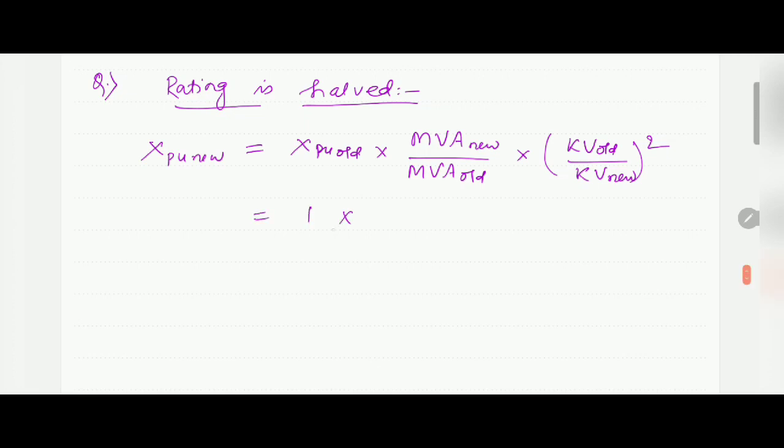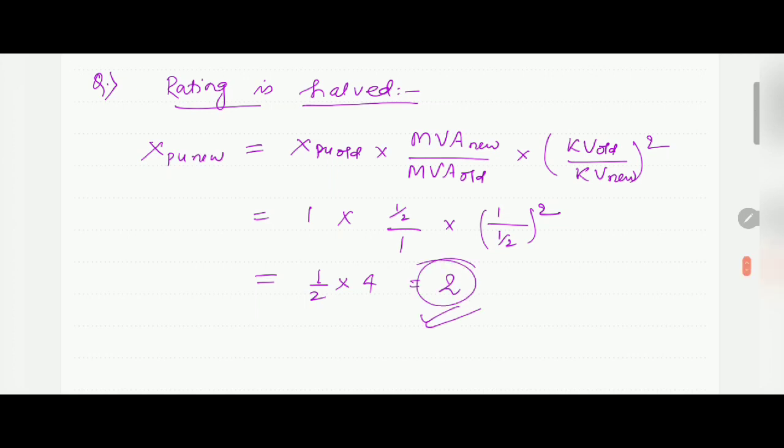So MVA new will be equal to half divided by 1 multiplied by 1 divided by 1 by 2, whole square. So on calculating we will be getting 1 by 2 multiplied by 4. So finally we will get 2 as the correct answer.